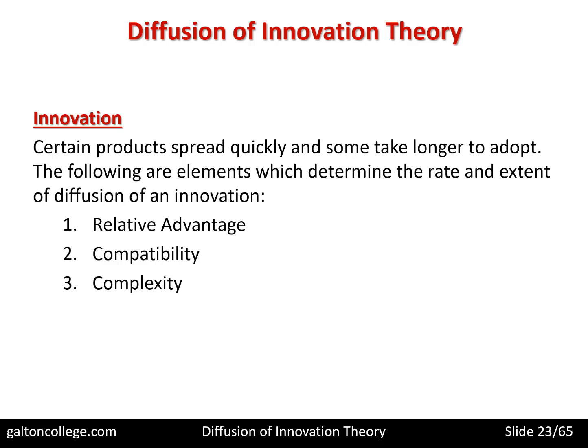But also complexity. The product should be reasonably complex, which may sound somewhat odd to say, but it should be reasonably complex, because that creates a barrier to entry. Competitors will find it difficult to enter the market and compete. So complexity is something that companies try to deal with.